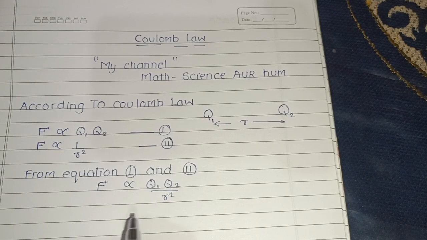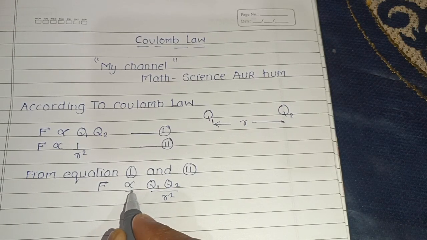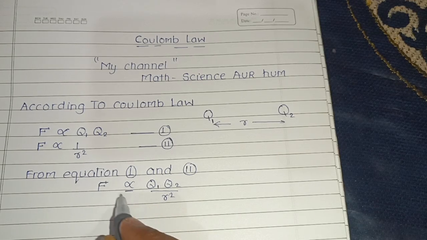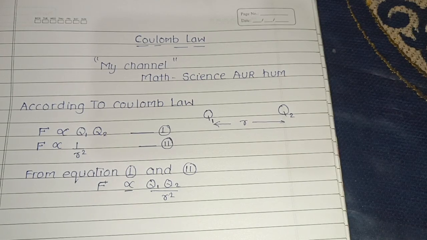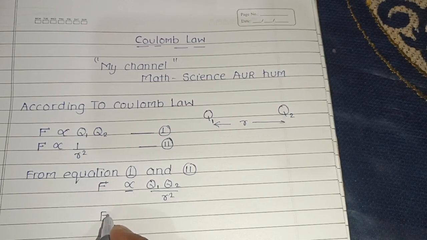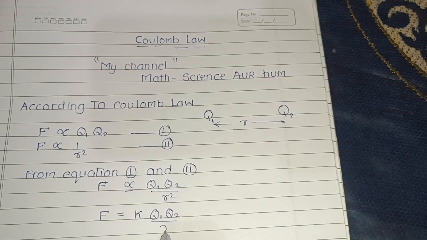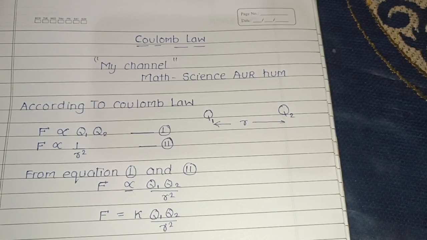When we remove this directly proportional sign, we use a constant. So F is equal to K times Q1 Q2 by R square.